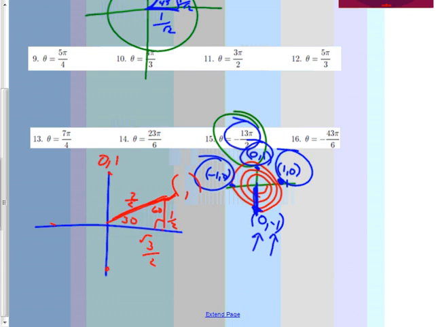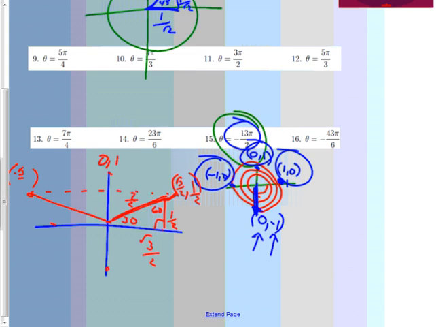Now, some of you are actually really good at plain old rote memorizing, and it's not illegal. You can certainly memorize it if you want to. But if you can recreate it, that's pretty powerful. Once I know that this spot is root 3 over 2, comma 1/2, sorry, then I also know that this spot that goes with it over here is the same exact numbers, except one of them is negative.